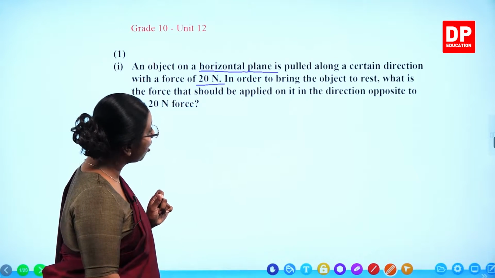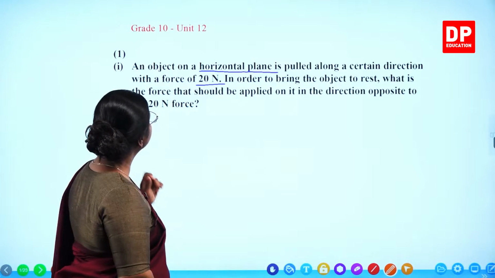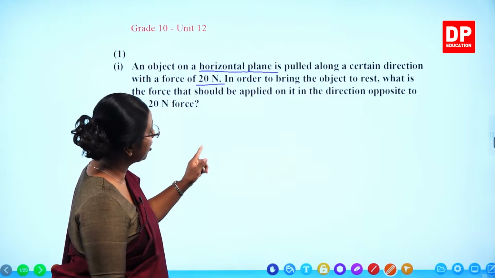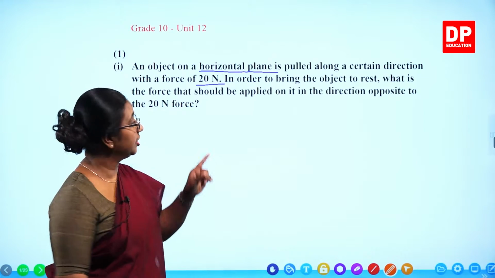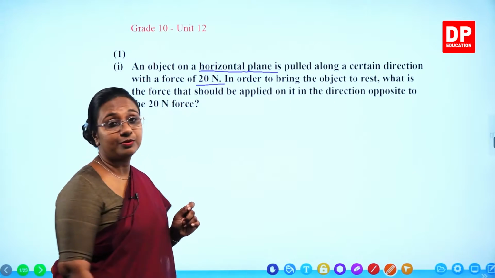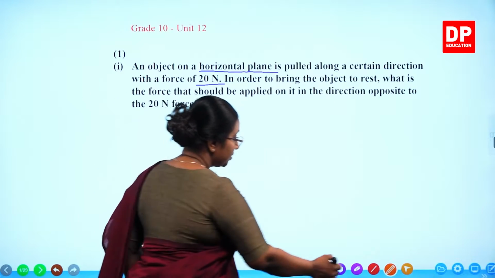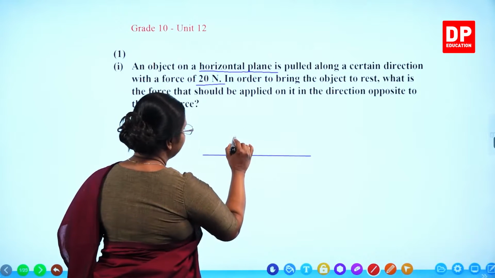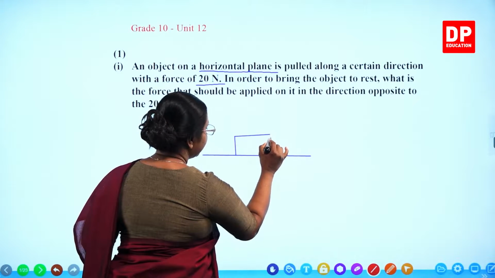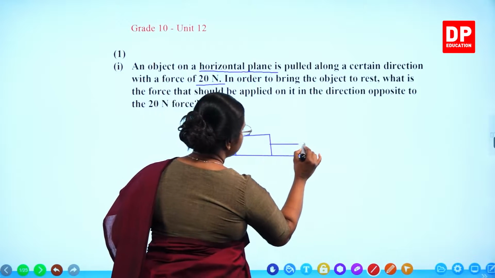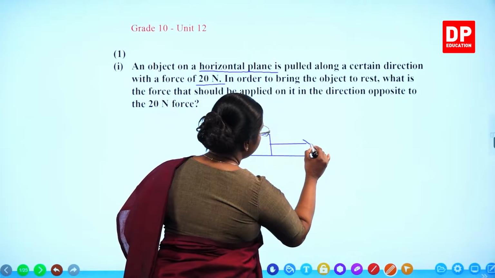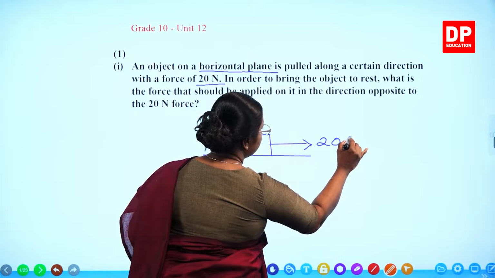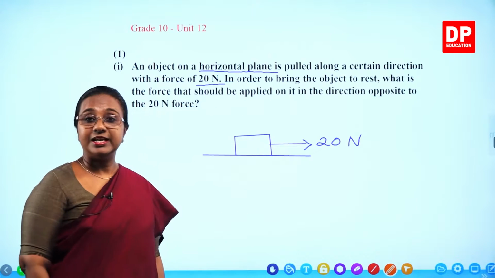In order to bring the object to rest, what is the force that should be applied on it in the direction opposite to the 20 Newton force? So this is what is going to happen. This is the horizontal plane. There is an object like this, and on the object there is a force acting with a magnitude of 20 Newton force.